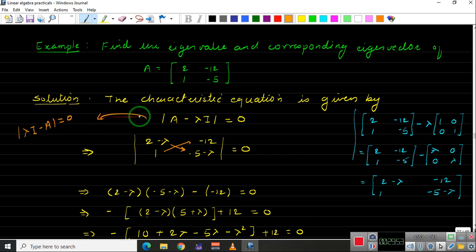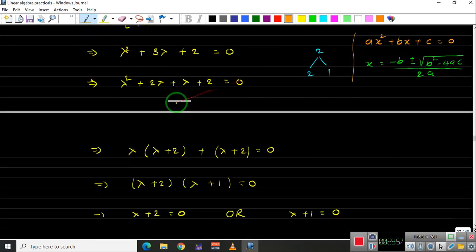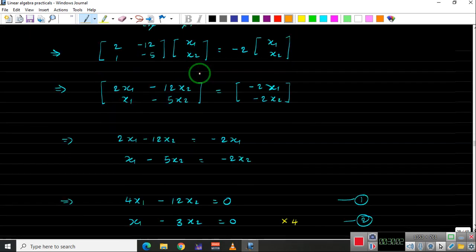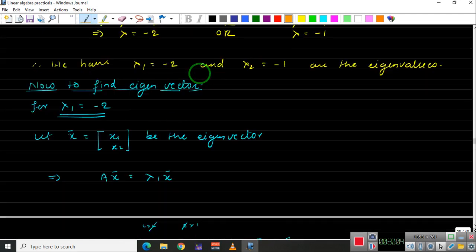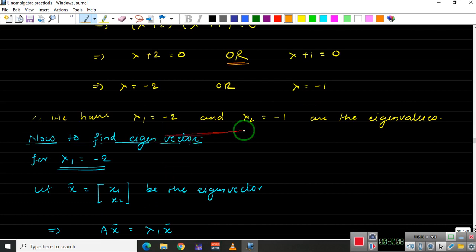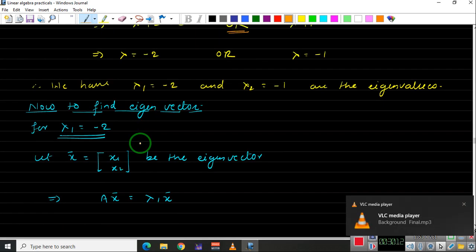It's one and the same, and your calculation won't be affected. Then we got the characteristic equation, and from the characteristic equation we got the eigenvalues, and then we started to find the eigenvectors.